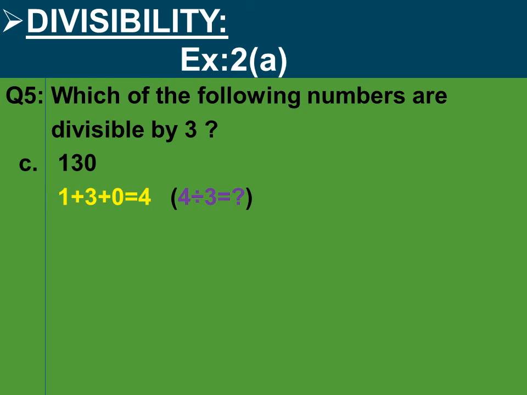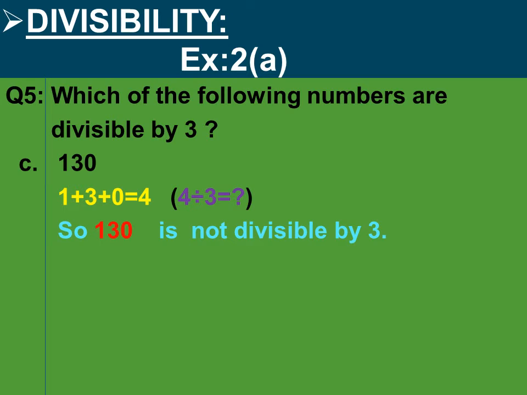Dear students, when we add all these digits, we will get our answer 4. Now we will check whether 4 is divisible by 3. No, 4 is not completely divisible by 3. We will get a remainder 1. This means that the given number, that is 130, is not divisible by 3.